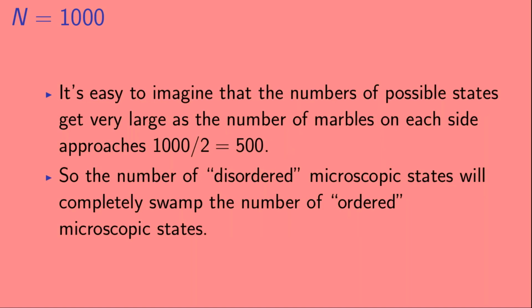It's easy to imagine that the number of possible states gets very large as the number of marbles on each side approaches 1,000 over 2, which equals 500. So the number of disordered microscopic states will completely swamp the number of ordered microscopic states.